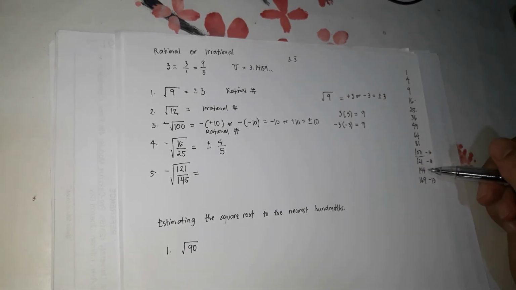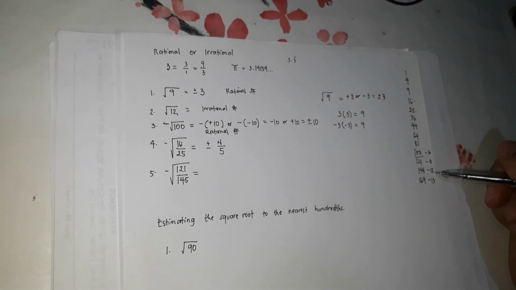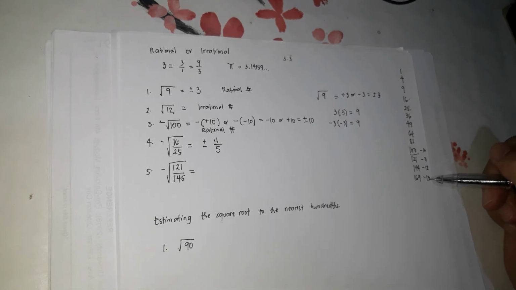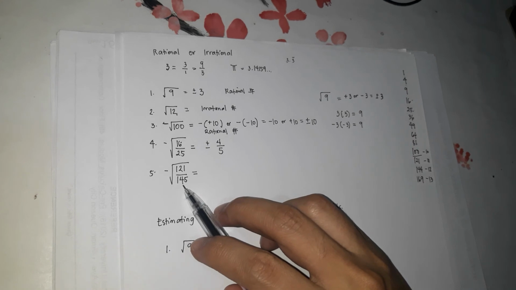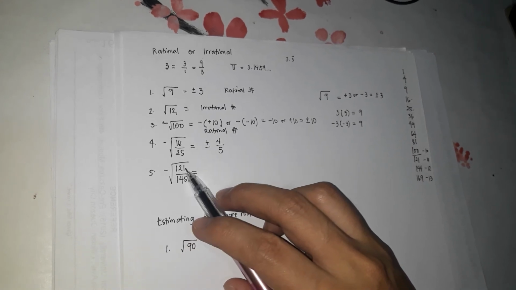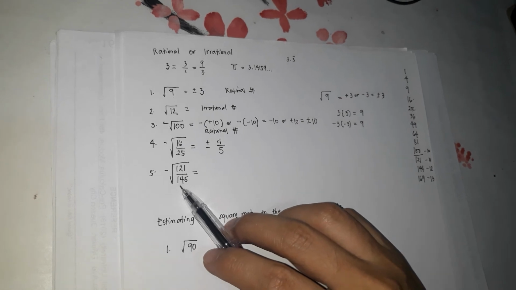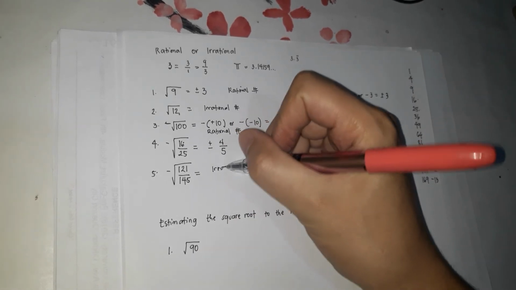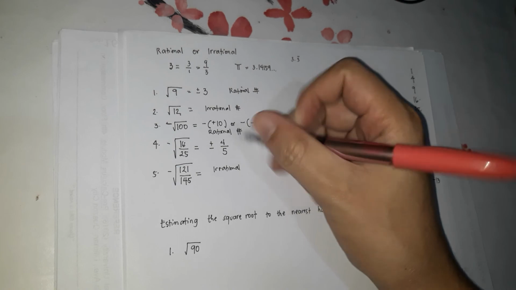So if you look at it, kasi wala namang number in between 12 and 13 na counting numbers. So ibig sabihin, walang square root ang 145. Ang 121 meron, which is 11, pero ang 145 wala. So this is an irrational number.